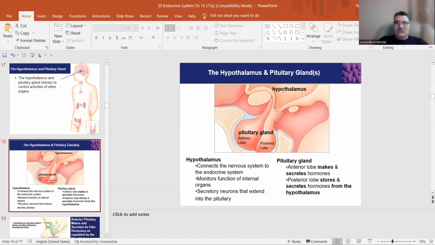This is the hypothalamus on top, inside the brain, and the pituitary gland is underneath it. This is the president, this is the vice president. So the president makes orders and sends them to the vice president, but I see two lobes here.